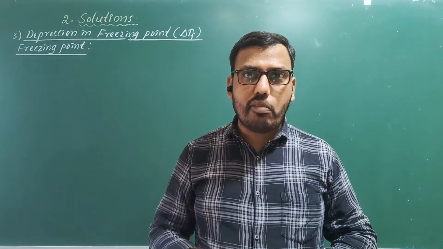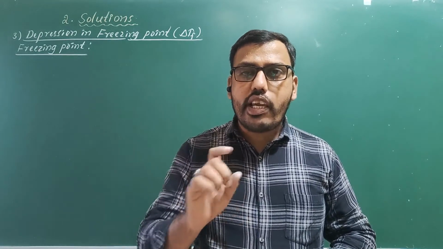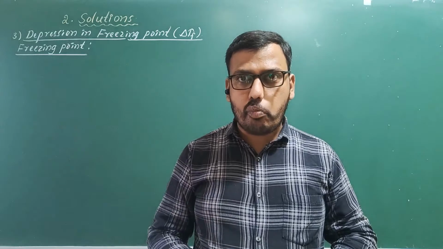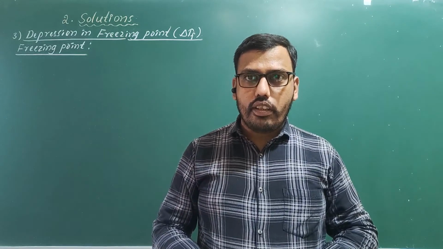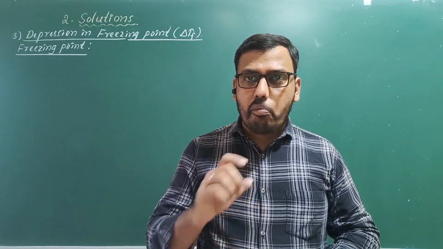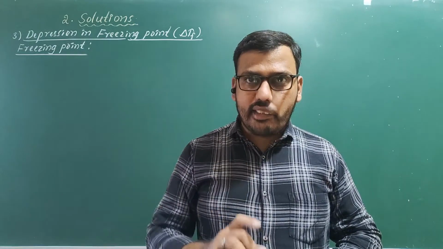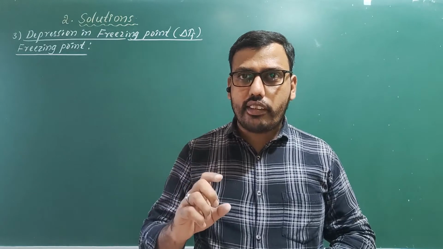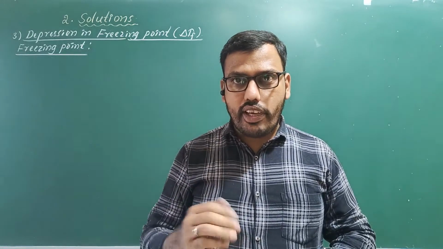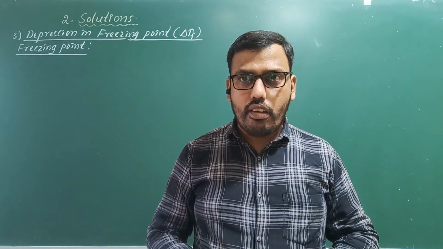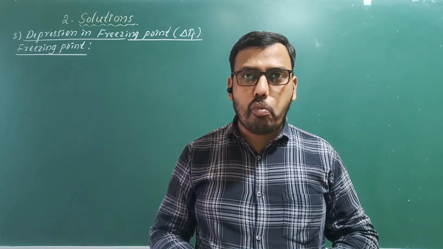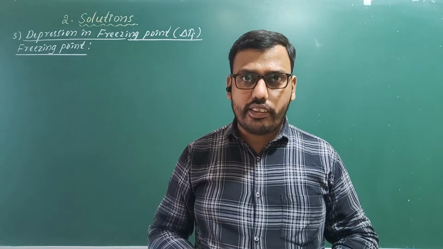Now here for freezing point, I am using TF. In boiling point, pure solvent has less boiling point and solution has more boiling point, and we have shown it using a graph also. Now in freezing point it is somewhat different.